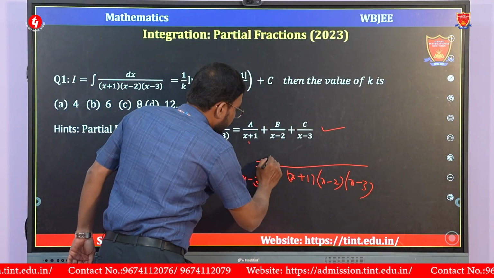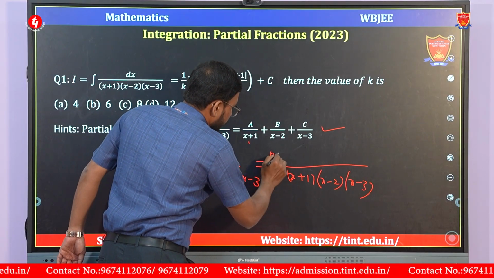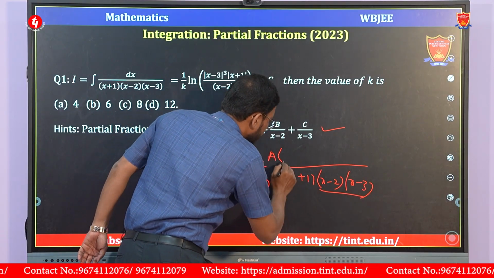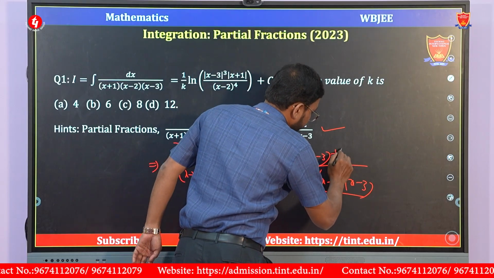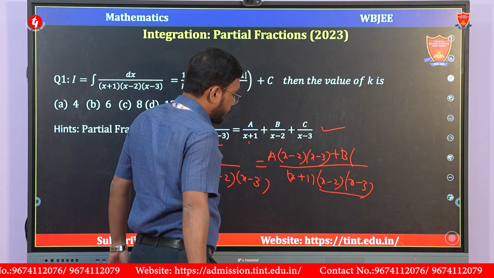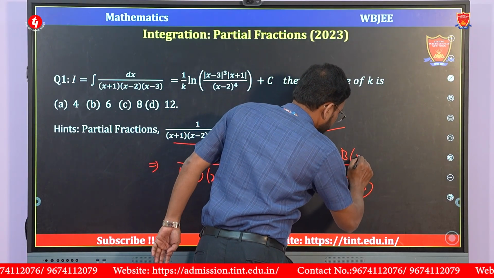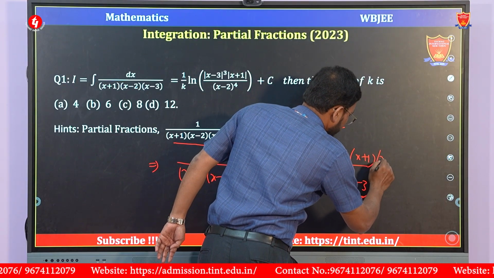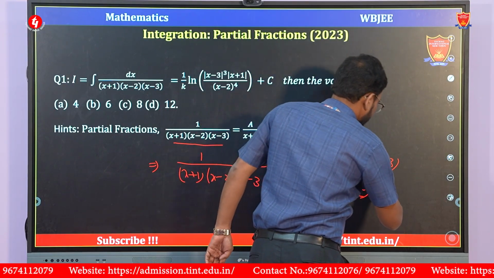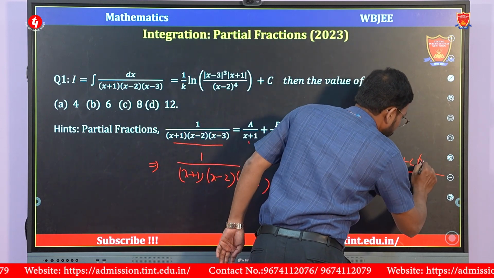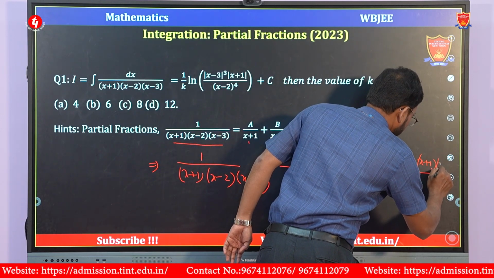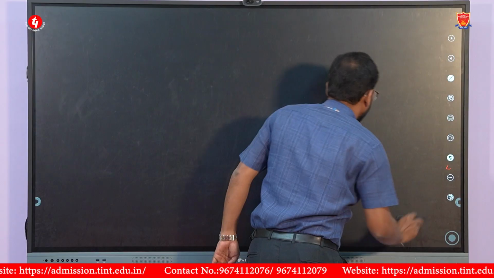Now, a into this part x minus 2 into x minus 3, plus b into this, where x minus 2 is common, so this is x plus 1 into x minus 3, plus c into x plus 1 into x minus 2.